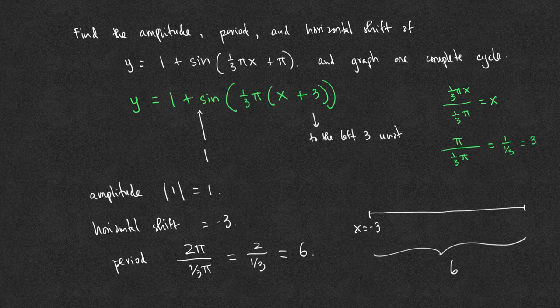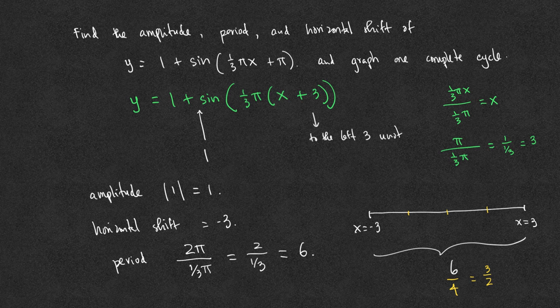If we take -3 plus 6, we end up with x equals 3. And then we always take the period and divide it by 4 for 4 intervals. And so each interval has a distance of 3 over 2, or 1.5.